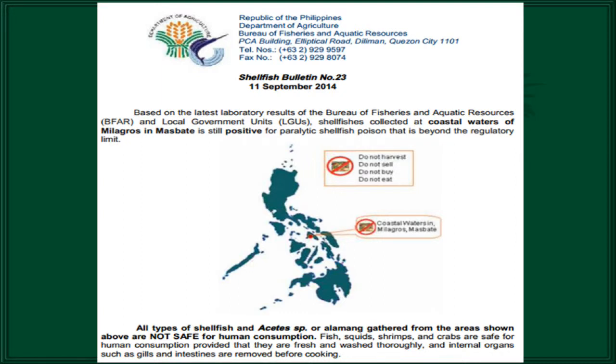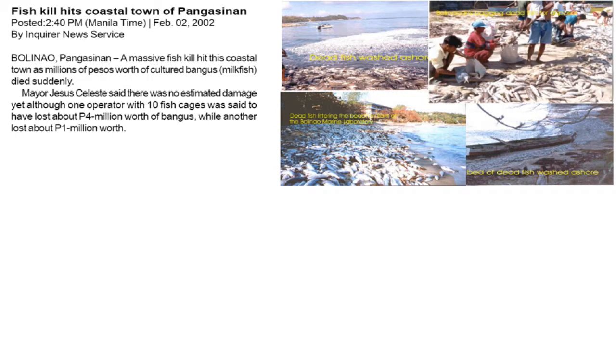The other type of harmful algal bloom are your fish gill blooms. So, for example, here is a series of news about fish gills in Pangasinan, particularly Bolinao and Anda. And this was in 2002.